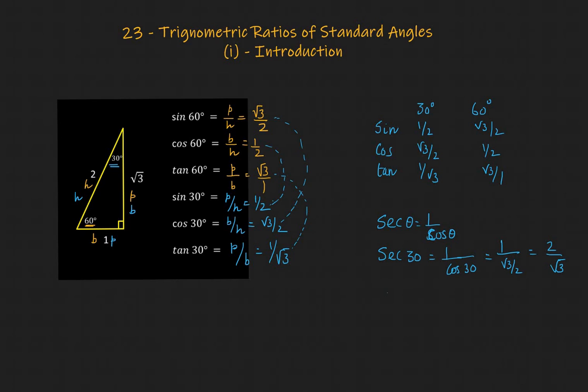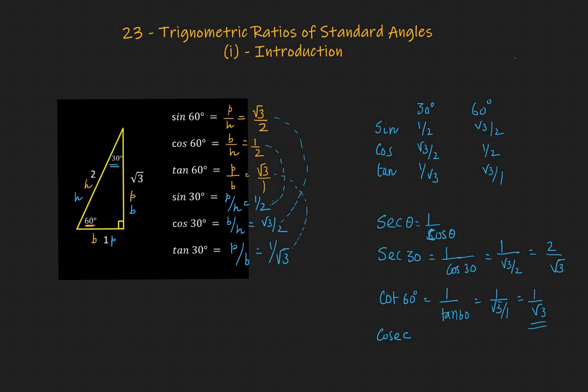Similarly, cot 60 would be 1 by tan 60, that is 1 by root 3 by 1, that is 1 by root 3. So it's easy to find secant, cot, and cosecant, etc. You just need to find the inverse.